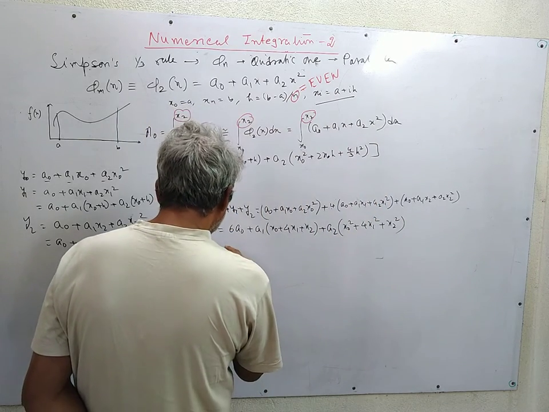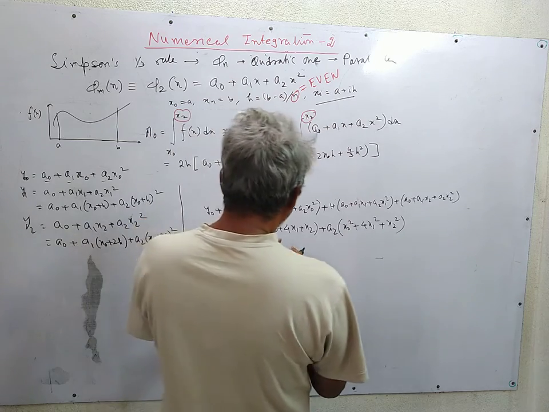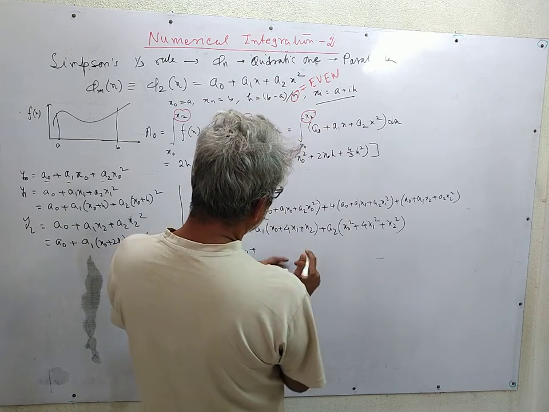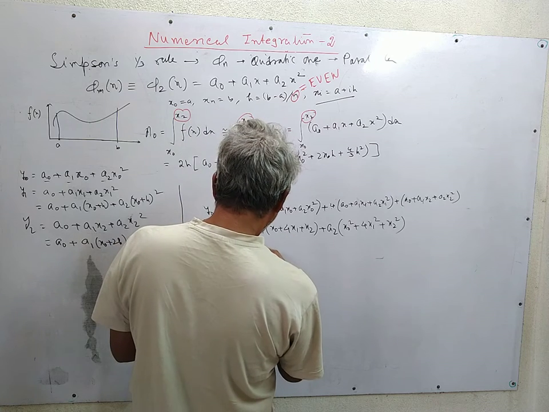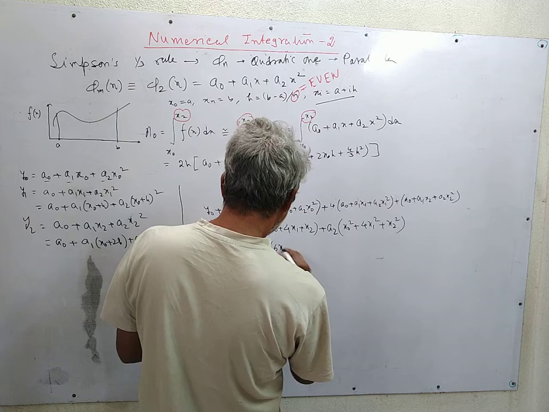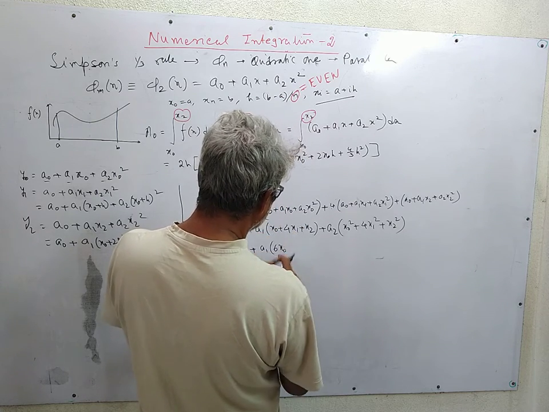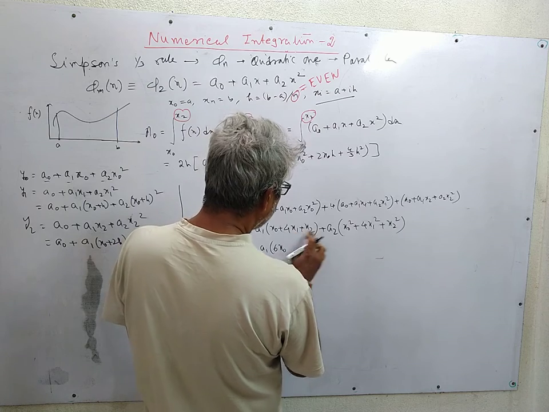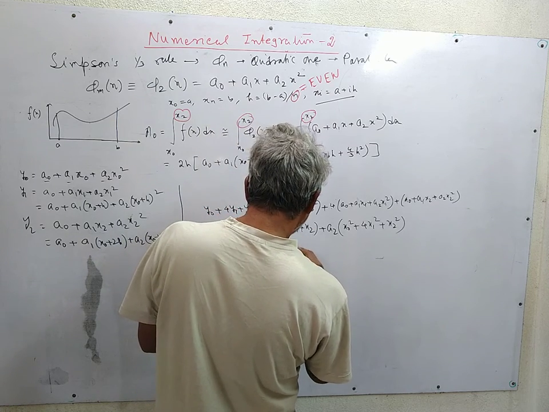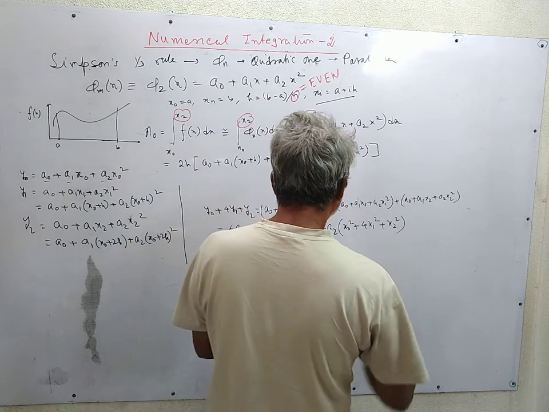This is equal to 6a0 plus, let me write it first, 6x0. There is x0, there is 1x0, there are 4x0, so 6x0. There are 4h plus 2h, 6h. Now coming to this part.